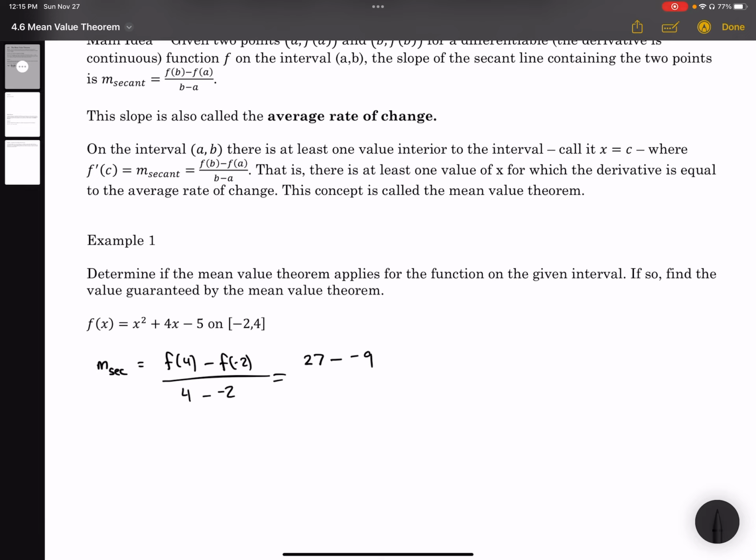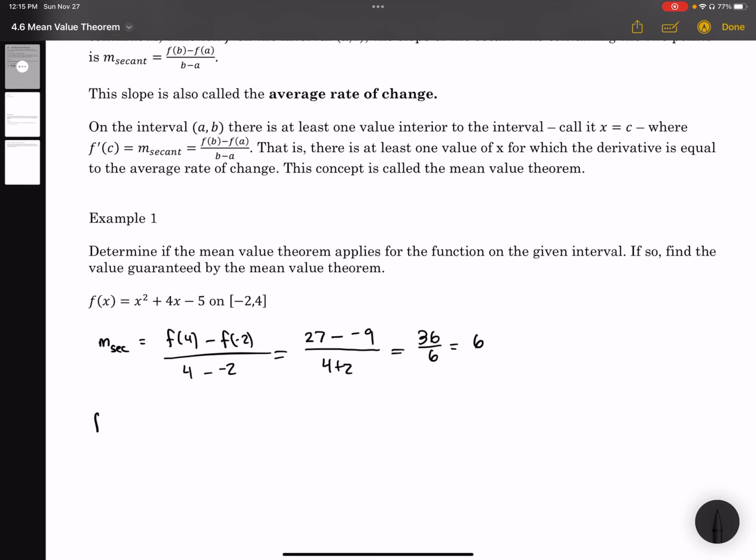So 27 minus -9, divided by 4 plus 2, is 36 over 6, which equals 6. So the slope of the secant line on that interval is 6.